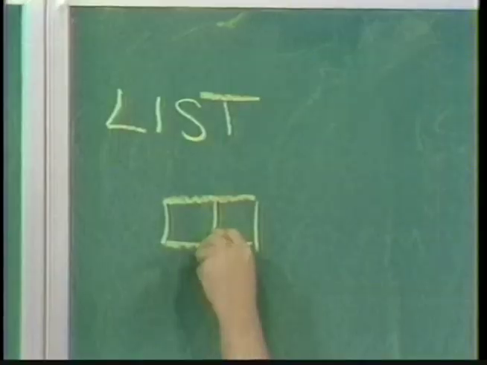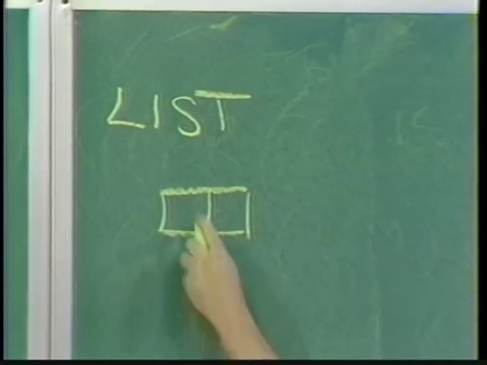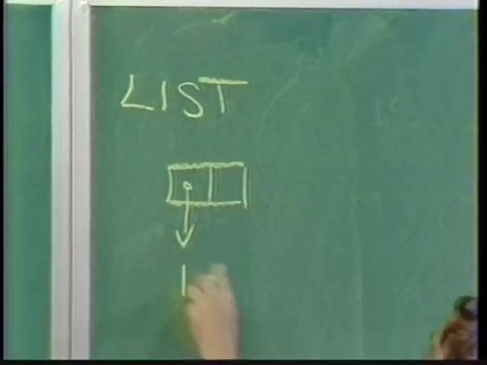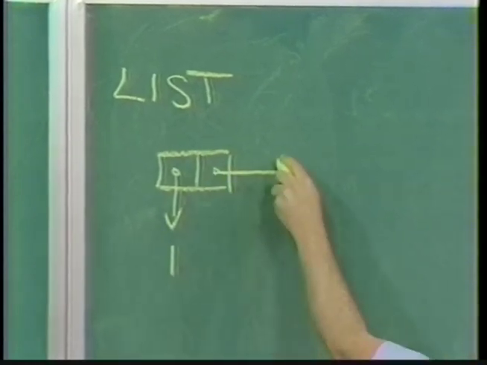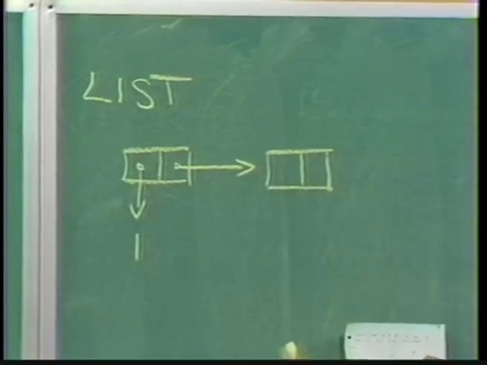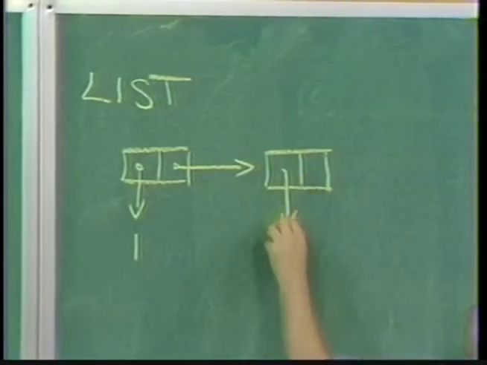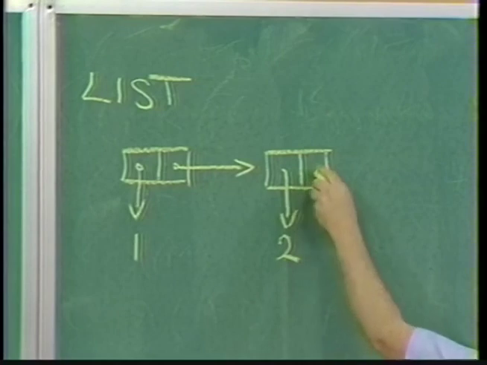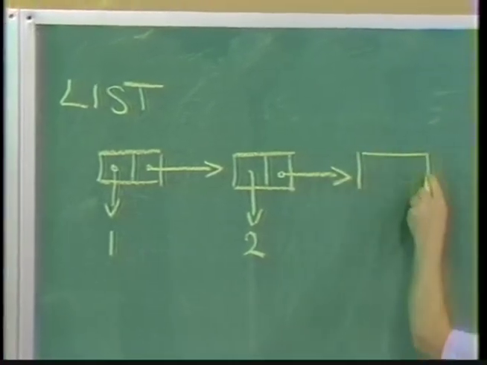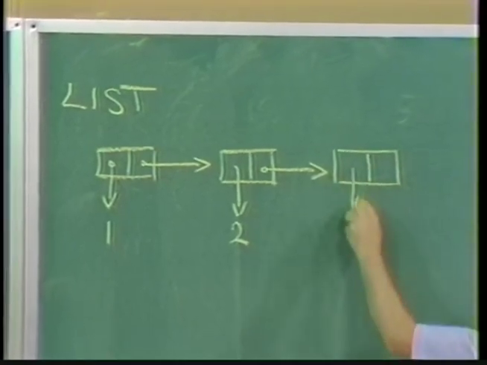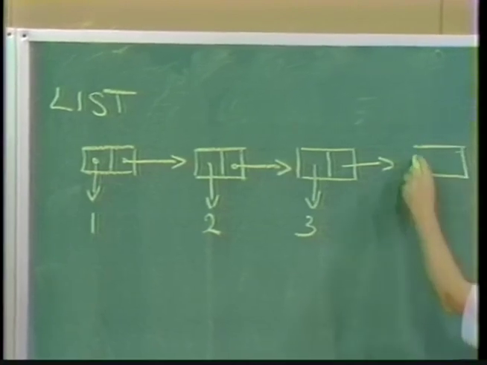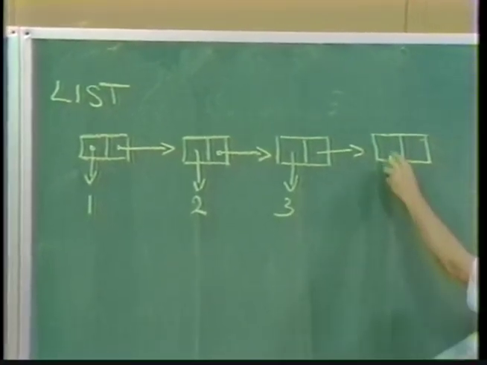I would represent the sequence 1, 2, 3, and 4 by a sequence of pairs. I'd put 1 here, and then the cdr of this would point to another pair whose car was the next thing in the sequence, and the cdr would point to another pair whose car was the next thing in the sequence, so there's 3, and then another one. So for each item in this sequence, I'll get a pair.